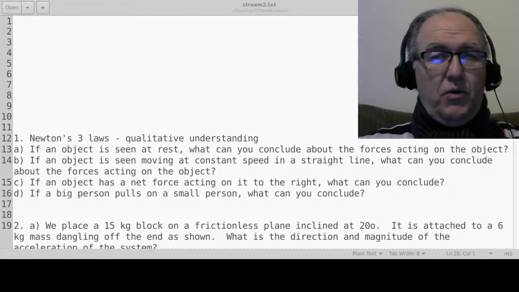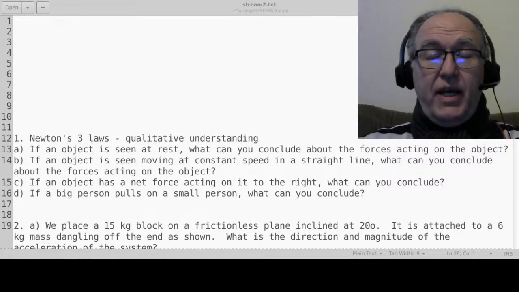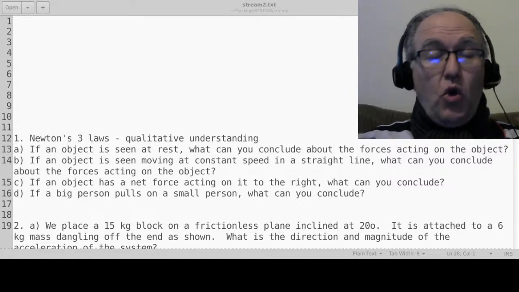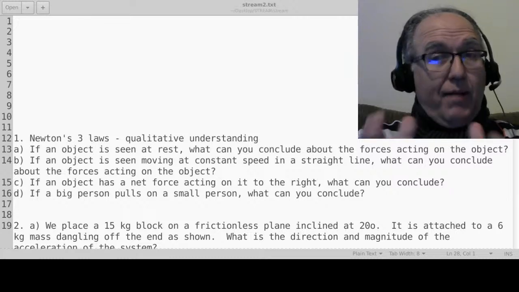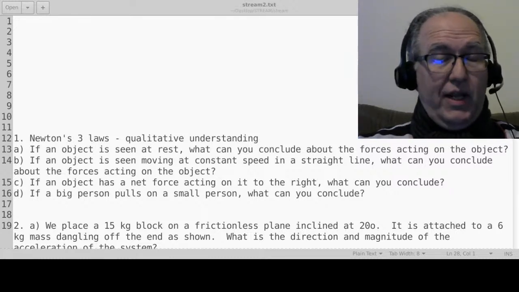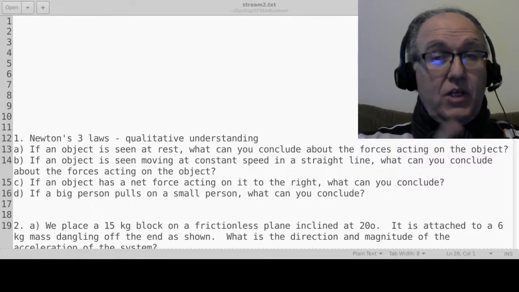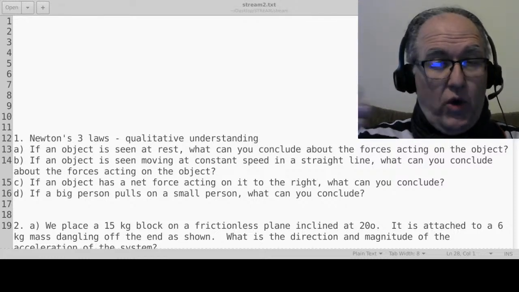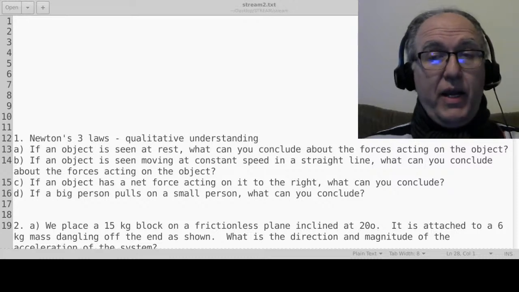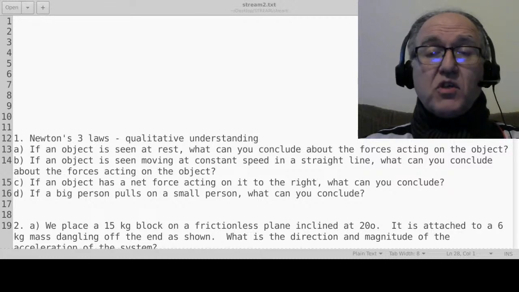But Newton wanted to really emphasize that no net force means that there's no change in the state of the object. So if there's no net force and the object's at rest, it stays at rest. And if the object is moving along a straight line, it continues moving at the same speed along a straight line. The straight line there is important because if it's going around a corner, it's accelerating, and that's uniform circular motion. Okay, so there's the first law.